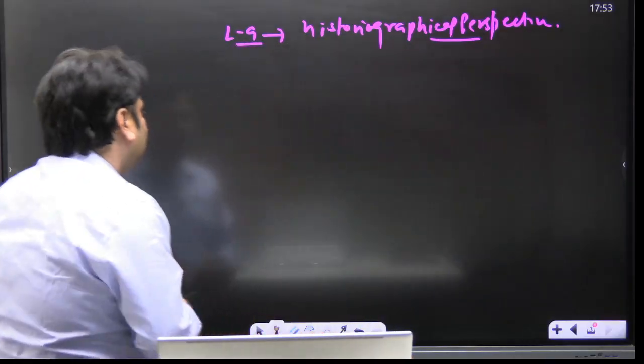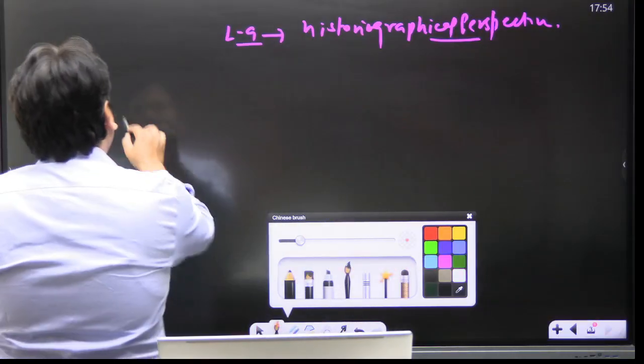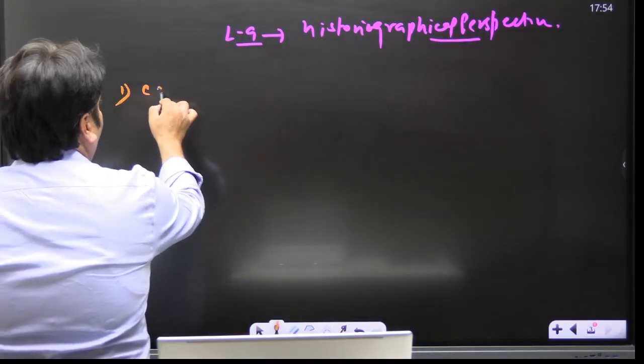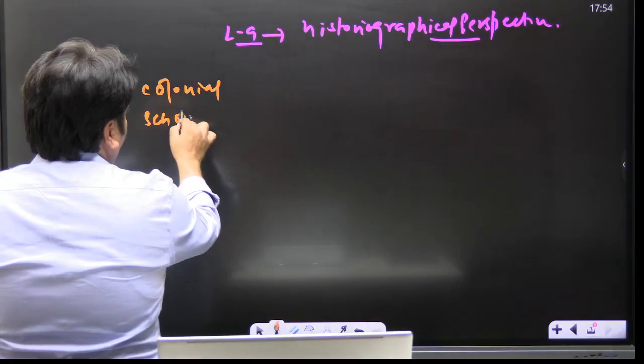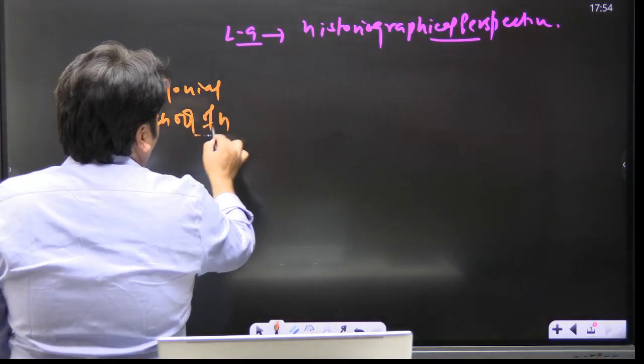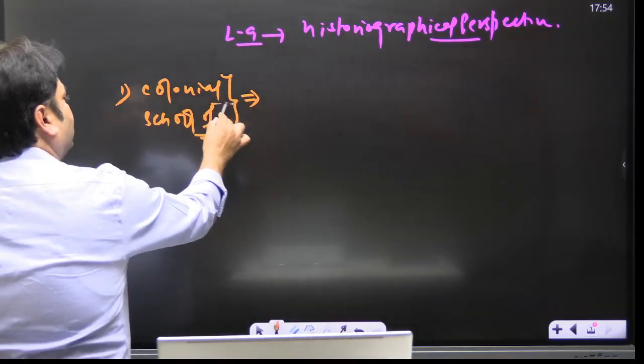So the first school of historiography here is the colonial school of historiography. I have already discussed the basic information of this colonial school of historiography.